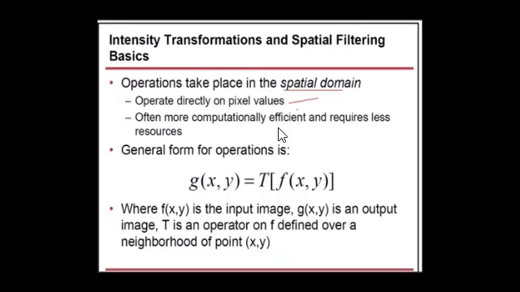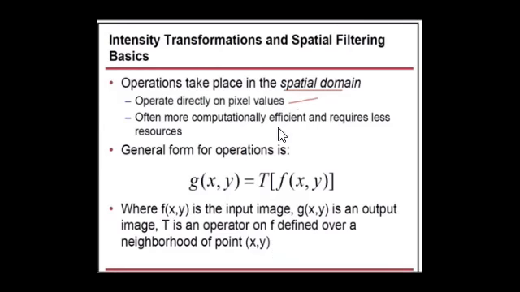There is one predefined operation function called a spatial filter. Spatial filters are classified into spatial mask, kernel, template, window, etc. We will discuss these one by one when we solve numericals of DIP.